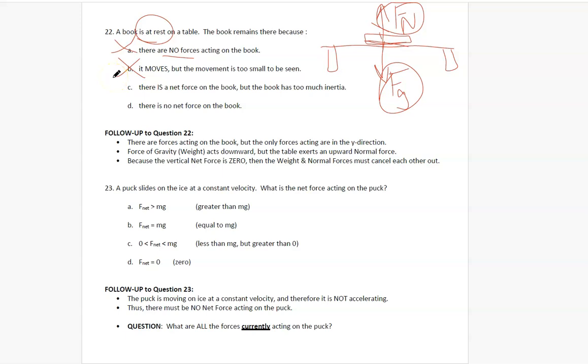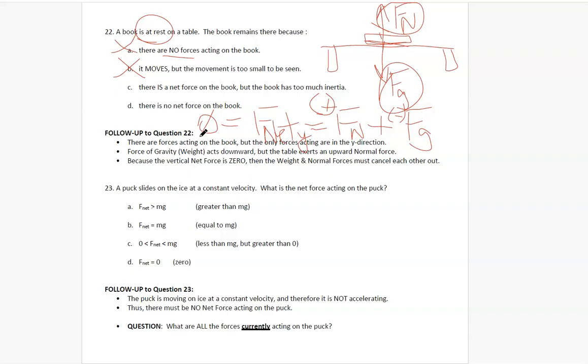There is a net force on the book. Well, the net force on the book vertically, since there is nothing horizontal in here, is just the sum of the normal force in the positive direction, up, and gravitational force in the negative direction, that is down, but that's equal to 0. So you could, if you want to be really pedantic about it, you could say, yes, there is a net force, it just happens to be equal to 0. But that means there's no net force. But it says because the book has too much inertia.